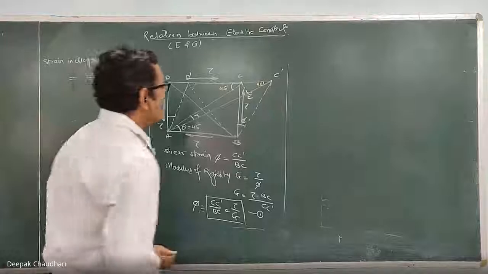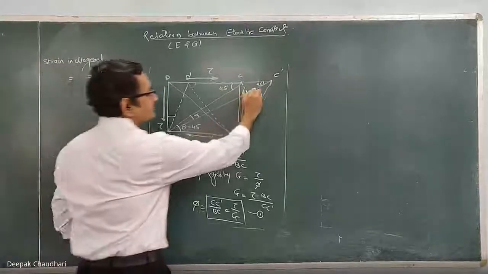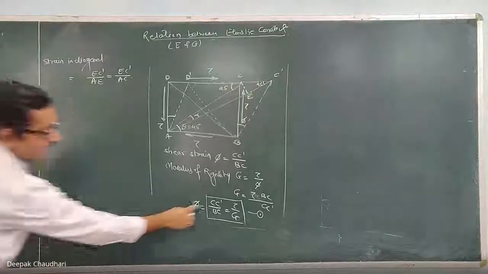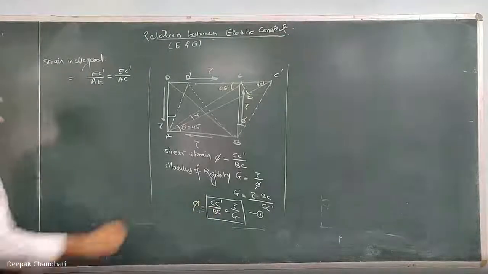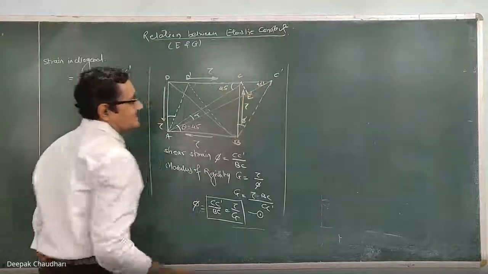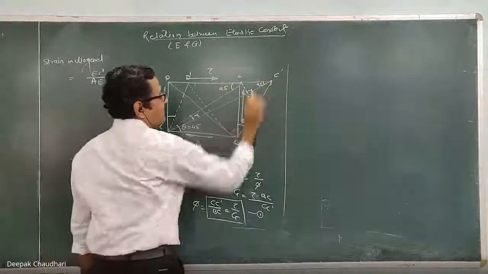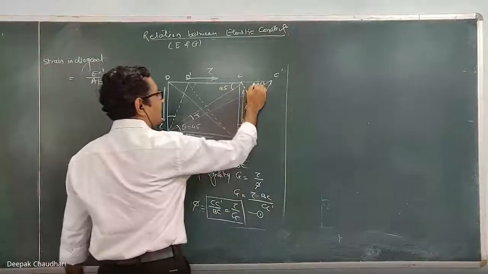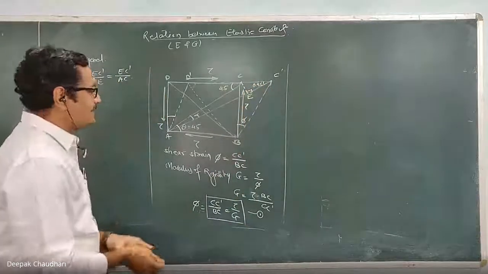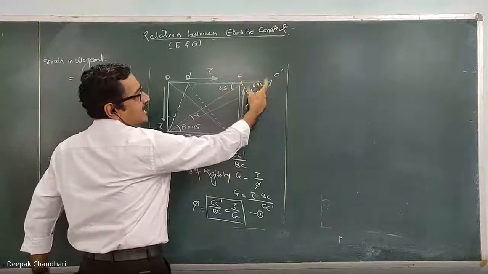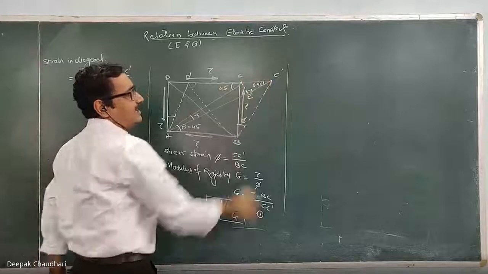Now this EC dash I have to write in terms of CC dash. This angle is 90 degrees, and this angle is 45, or let's consider it as theta. With the help of this theta, I want to write the relation between EC dash and CC dash, that is, between the adjacent side and hypotenuse.